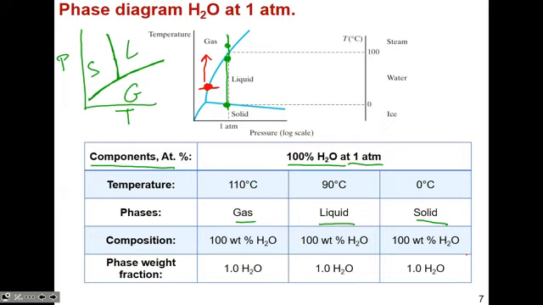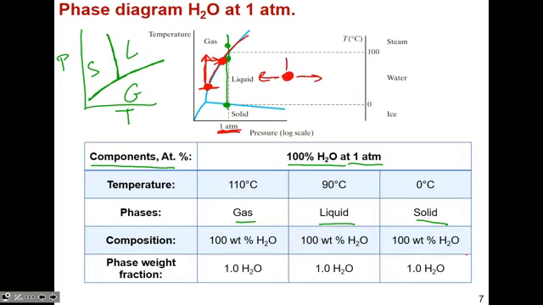So if you want to get back on this line, you don't have a lot of degrees of freedom, because if you change this way, you now have to change your composition to get back on that line. If you're in the H2O region right here and you change pressure, it doesn't really matter.